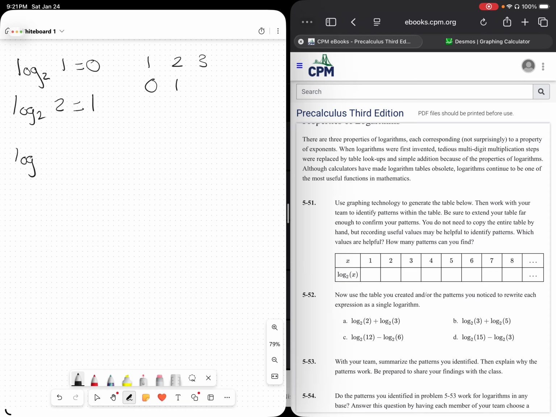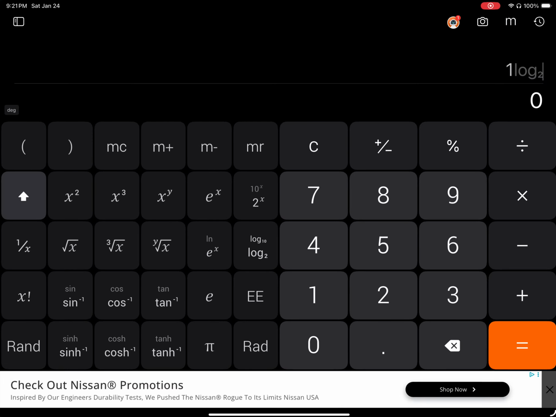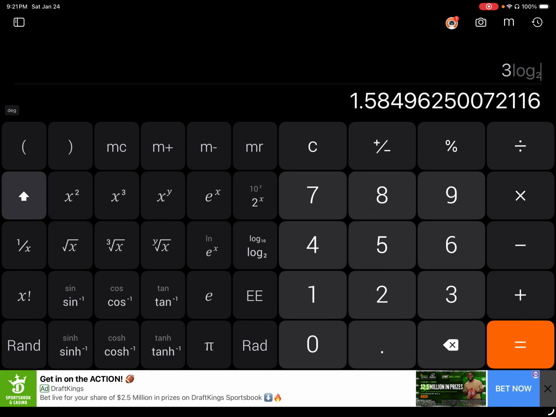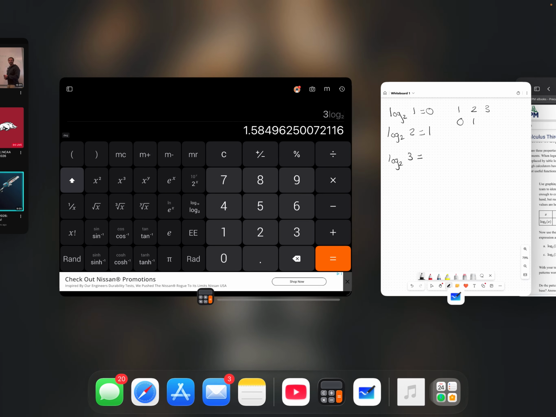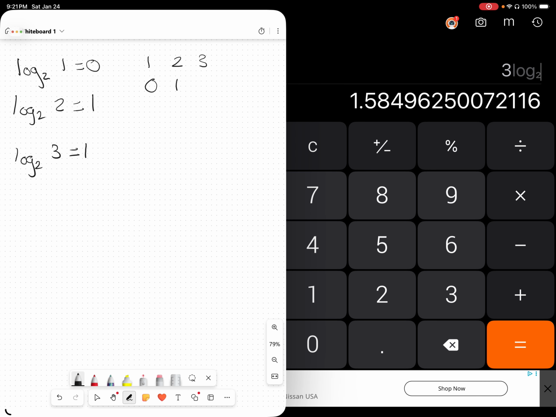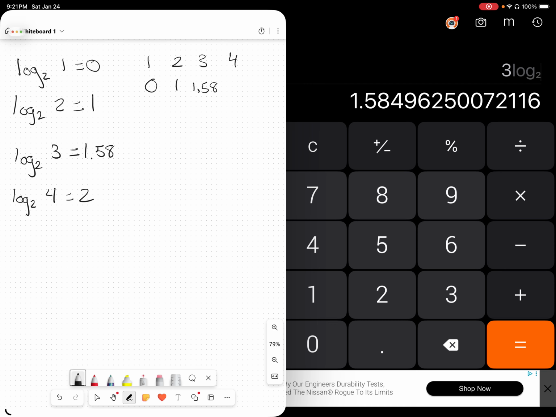Log base 2 of 3. Let's do that one. Okay, so log base 2 of 3 is 1.58. Log base 2 of 4 is 2.